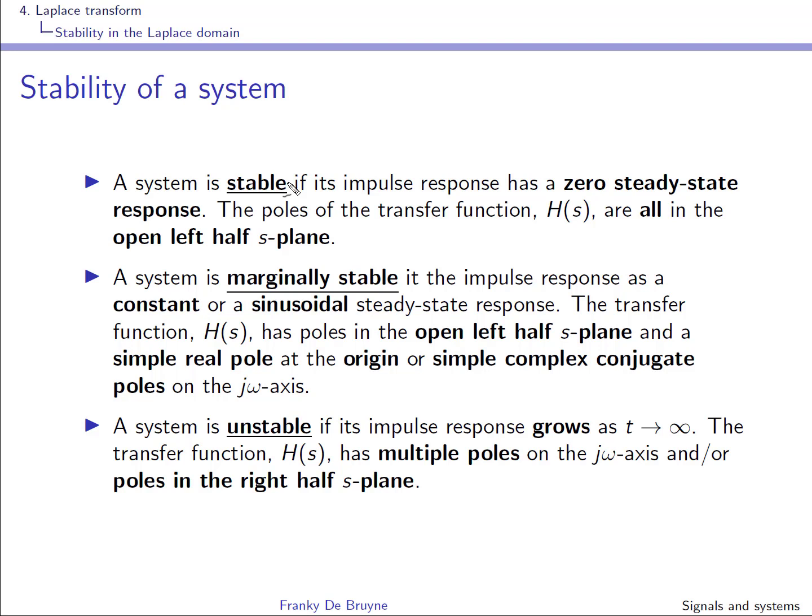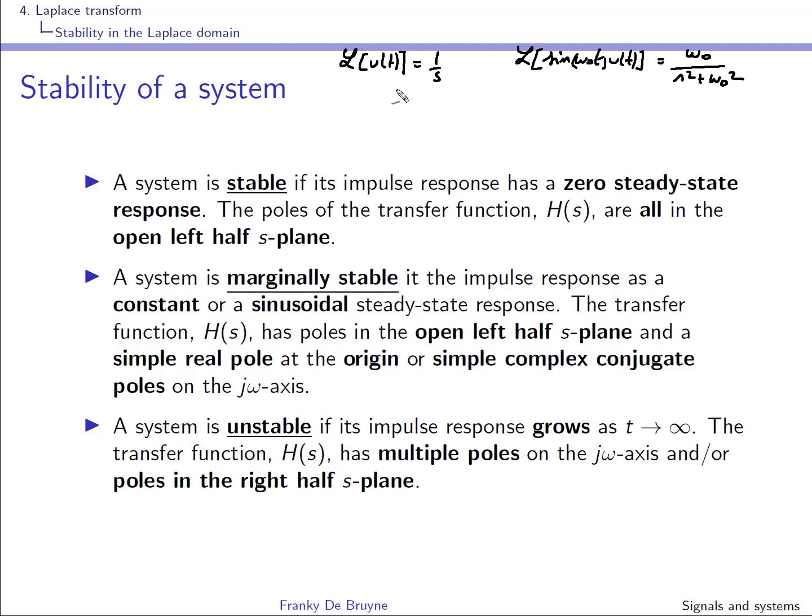And then we can ask the question, what happens if there are poles on the imaginary axis? We can see two cases here. If we take the Laplace transform of the unit step, it's 1 over s, and if you take the Laplace transform, for instance, of sine omega 0 t u of t, this will be omega 0 over s square plus omega 0 square.